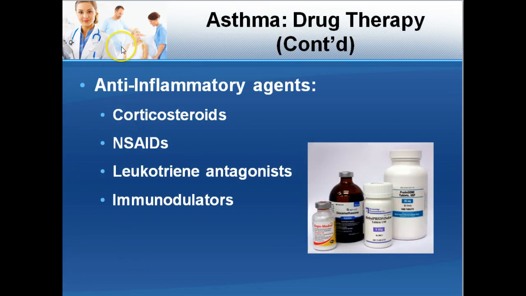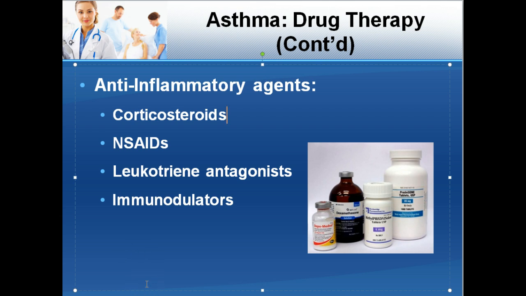I already talked about these drugs with the corticosteroids. If you want me to, I can mention again the examples, like Flovent, and of course you know about the NSAIDs and leukotriene antagonists, which would basically be like Singulair, and immunomodulators.